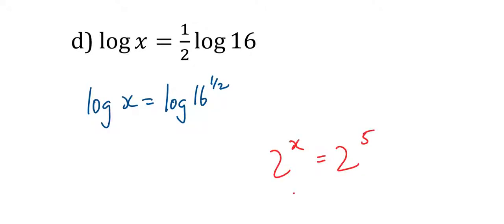This is the same. Log base 10 of something equals log base 10 of something else. Those somethings must equal each other. So I have to have a single log on both sides, and it's got to be the same base. Log equals log.